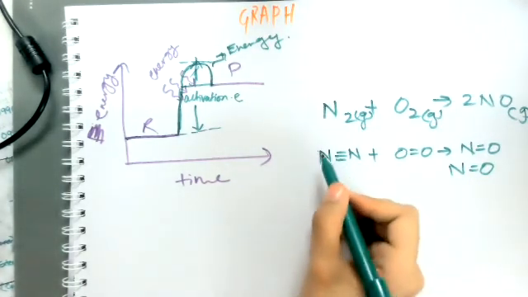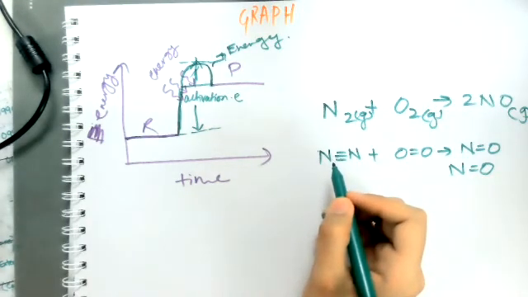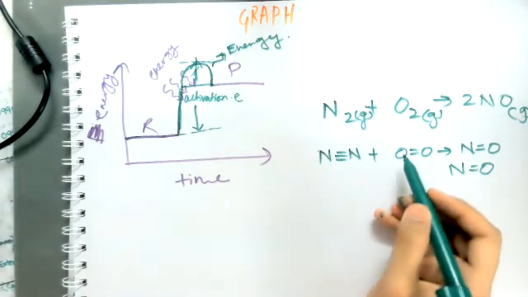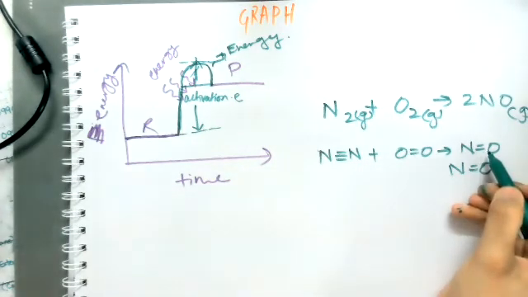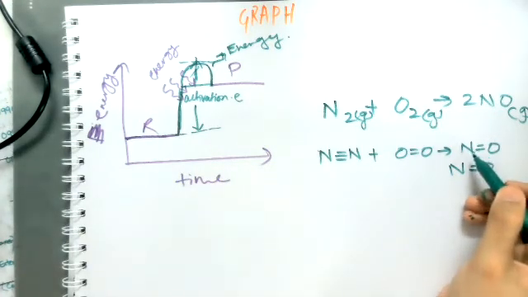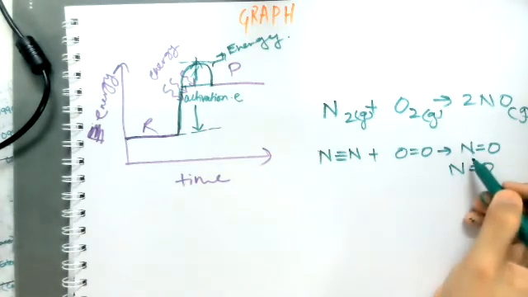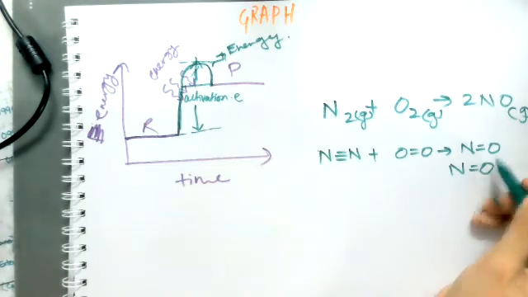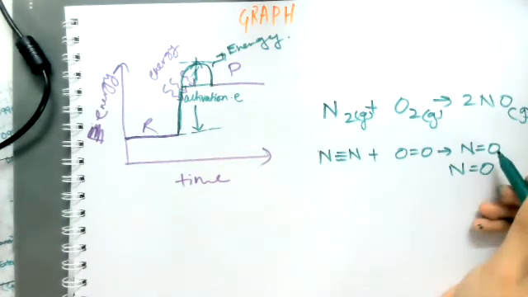Can you notice that nitrogen needs 3 more electrons to complete its octet, right? And oxygen needs 2 more. But if you look over here, the oxygen is completing its octet, but the nitrogen isn't. So there is going to be some charge on that, and that makes them less stable. That makes them even more reactive. So they have less stability, which means they're more reactive.